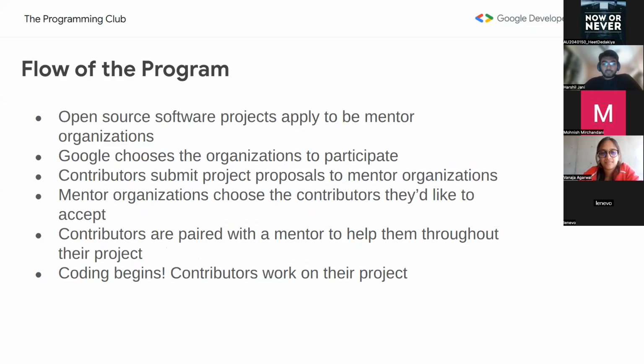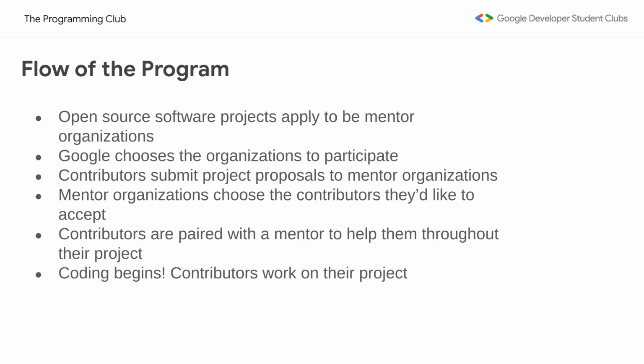Then Google chooses some of the organizations based on the novelty of the projects, how good they could be for a beginner, and how well the project has been pitched, along with other criteria. Google chooses some organizations and allots slots to them for this entire season of code. Next, contributors, those are people like us, students.